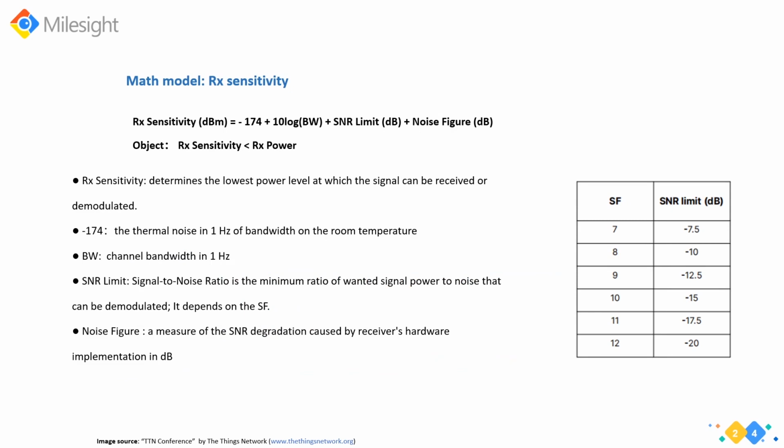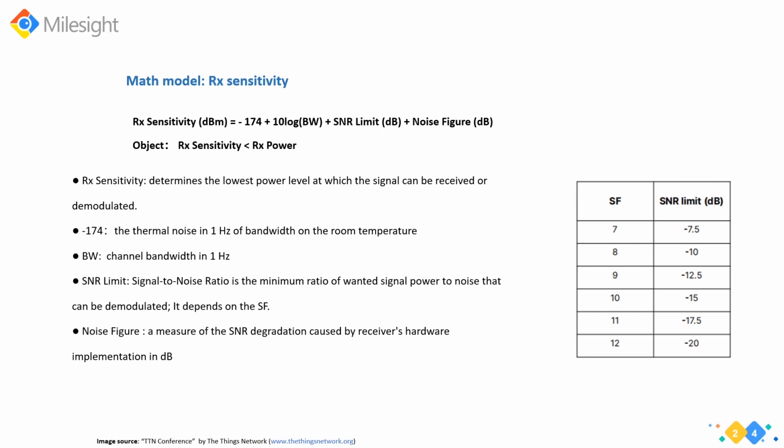The receiver sensitivity is also another formula. As we mentioned, receiver sensitivity needs to be lower than the receive power. So it takes the signal-to-noise ratio, the detection bandwidth, the noise figure, and the thermal noise at room temperature, all these factors into consideration.